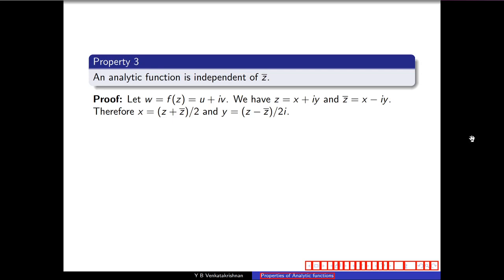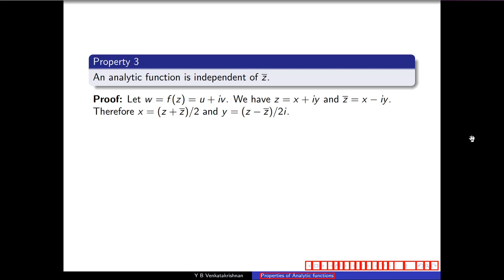U and v are functions of x and y, and I can replace this x and y in terms of z and conjugate of z, as x is equal to (z plus z bar) whole divided by 2, and y as (z minus z bar) whole divided by 2i.